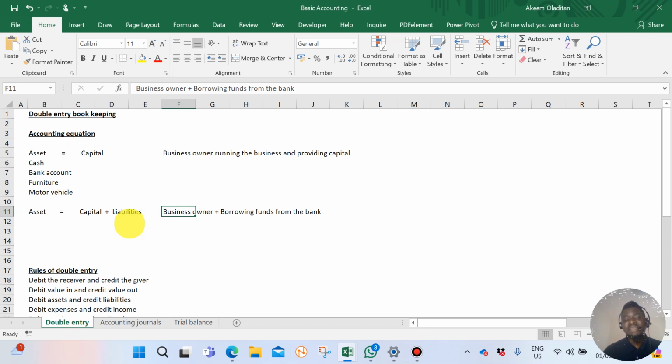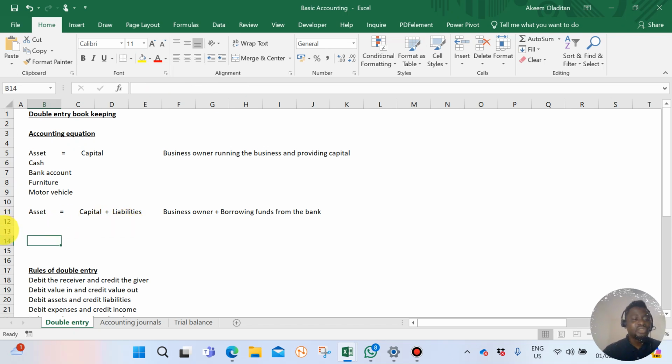So when you have both assets and liability together, the accounting equation is saying that the assets the organization has are backed by two things. Number one is the capital that the business owner brought into the business, as well as the borrowed funds from the bank. It can also be in the form of loans payable to maybe a friend, or items we purchased on credit that we are yet to pay for. So every asset of the organization will be backed by capital plus liability. That is what the accounting equation is trying to tell us.